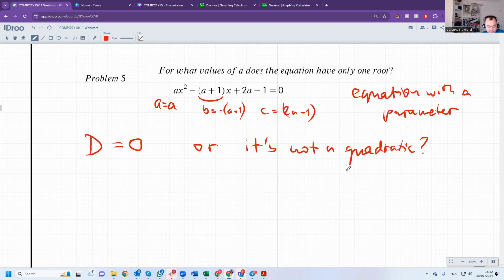So when is this equation not a quadratic? I'll explain where E came from if I have a spare minute.